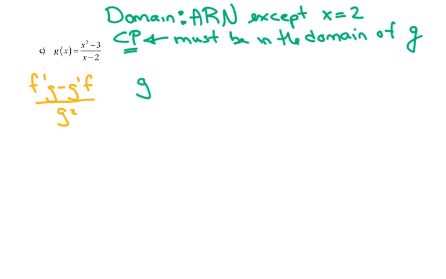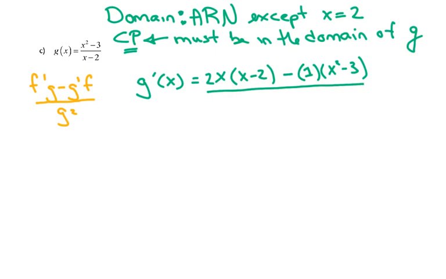So find this derivative. This would be 2x times (x minus 2) minus, what's the derivative of the denominator? That's just 1 times (x squared minus 3), all over (x minus 2).